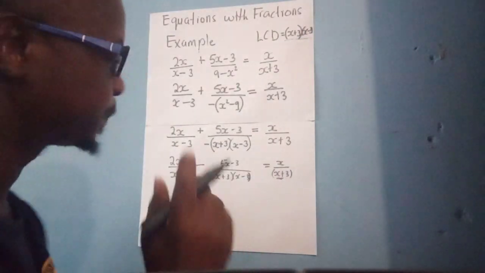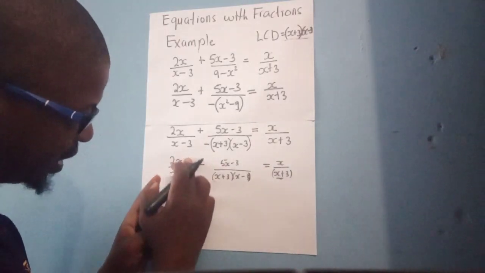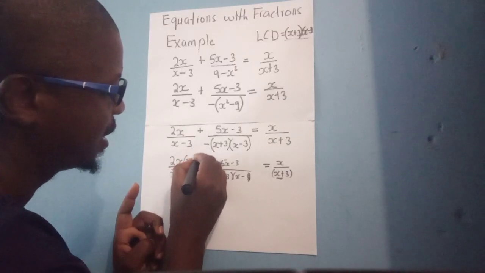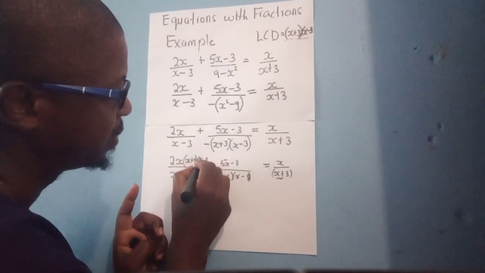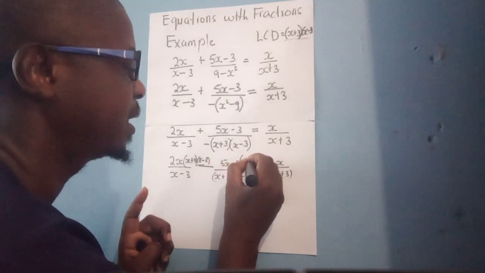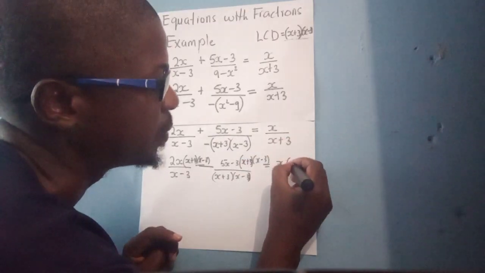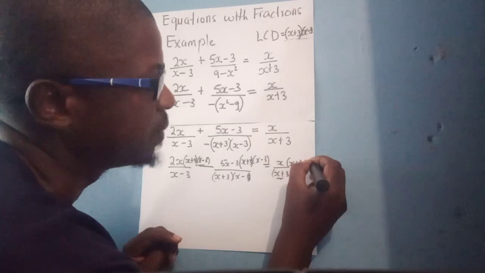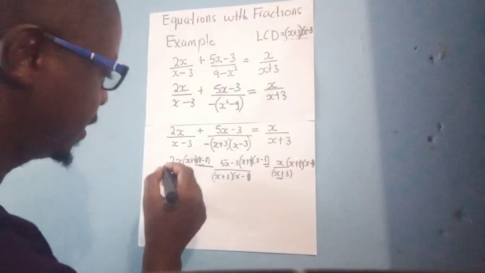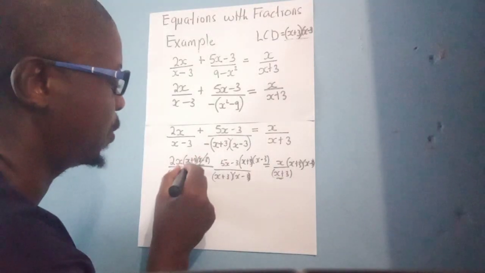We are going to use it to multiply each and every term. So this times x plus 3, x minus 3, and then my minus, I'll do the same here, x plus 3, x minus 3, and I also do the same here as x plus 3, x minus 3. Now, this takes me to the next step where this x minus 3 and x minus 3 in this bracket are going to cancel.